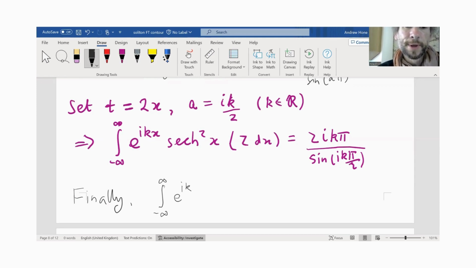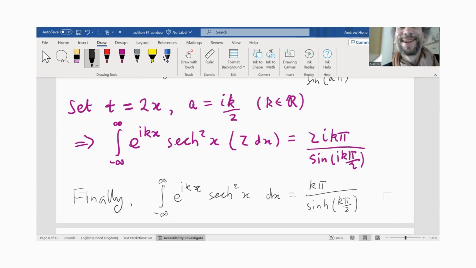So that's what we'll do. Finally, we can write this as the integral of e to the ikx sech-squared of x dx equal to k pi divided by sinh. Different people say it different ways. I like to say shine. So that's the answer.